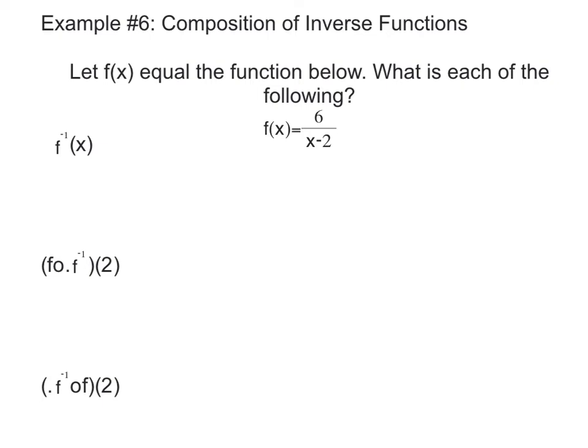So f of x, remember, if we rewrite it, is really y equals 6 over x minus 2. To find the inverse, we need to switch positions. So this is really x equals 6 over y minus 2 right now. We need to multiply both sides by y minus 2.